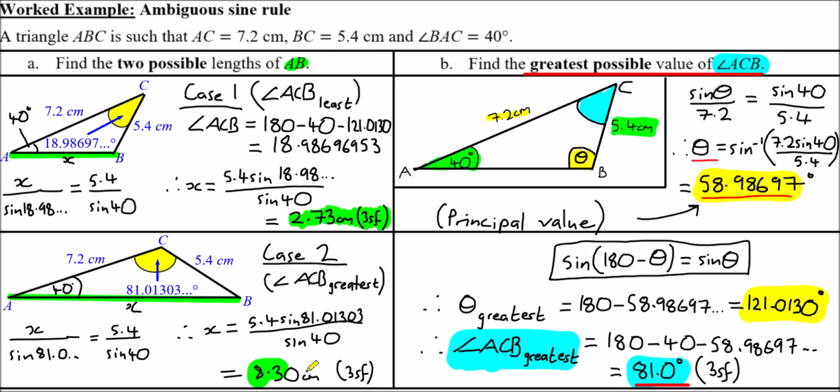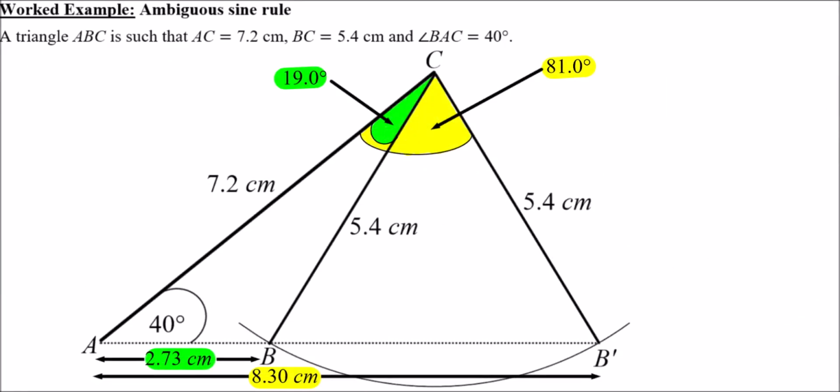So again, if you're interested to see how that works in reality, not that you'd ever need to construct the two possible options, here they are. The first one, where C is only 19.0, the bigger option is where it's 81.0, and the bigger angle corresponds to the side AB being 8.30.